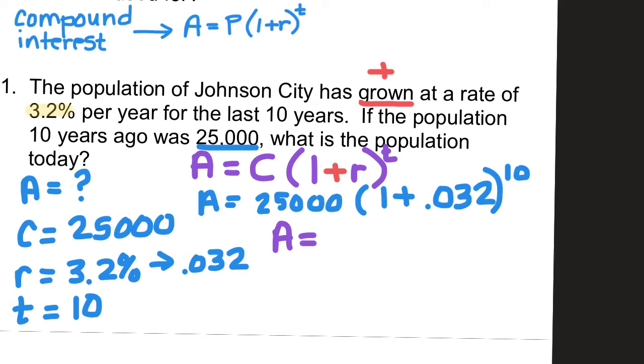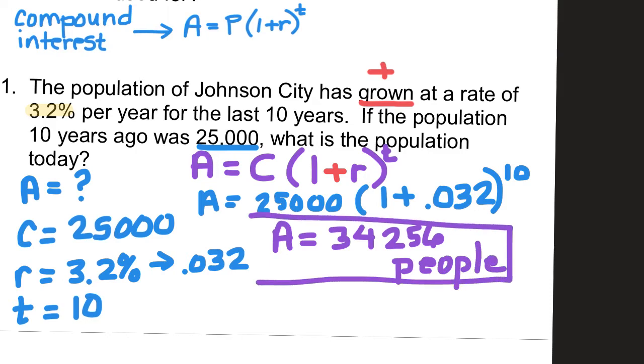If we're talking about money, you'll round to the nearest hundredth place. Since it is talking about people, we will round to the nearest whole number, and it will be 34,256, and please put the label as people. Box your answer. And let's move on to number 2.